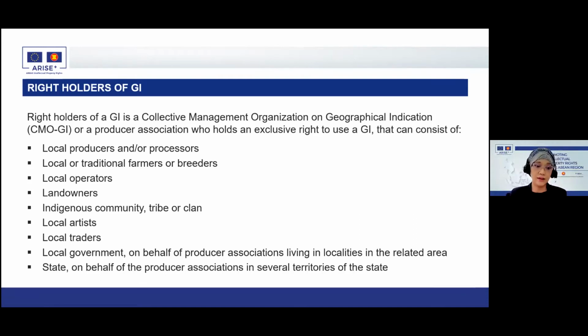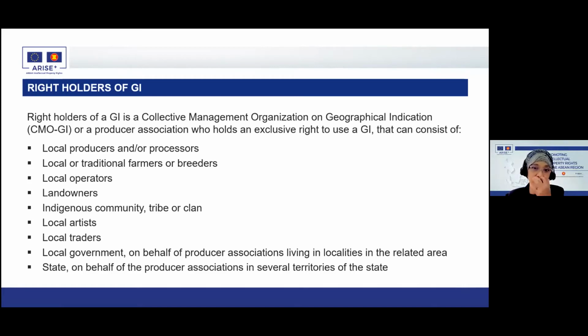It can consist of local producers and or processors of the specific products. It can also consist of local or traditional farmers or breeders of animals, and can be plant breeders as well as animal breeders. And it can also consist of local operators, landowners, and even an indigenous community, tribe or clan.